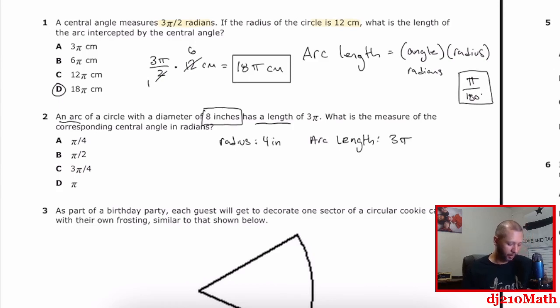So that means the thing that we're missing is the angle, because we need to have this formula. There's 3 things: arc length, the angle, and the radius. We need two out of the 3. So the angle is the unknown.